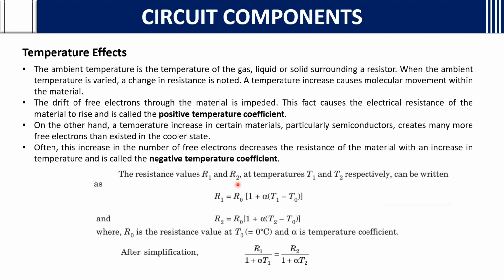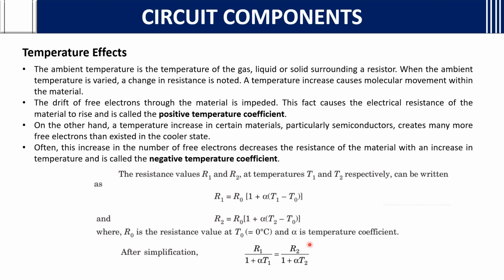The resistance values R1 and R2 at temperatures T1 and T2 respectively can be written as how? R1 is equal to R0 into (1 plus alpha (T1 minus T0)). R2 is equal to R0 into (1 plus alpha (T2 minus T0)), where R0 is the resistance value at T0, equal to 0 degrees. At initial, what is the resistance we have noted?